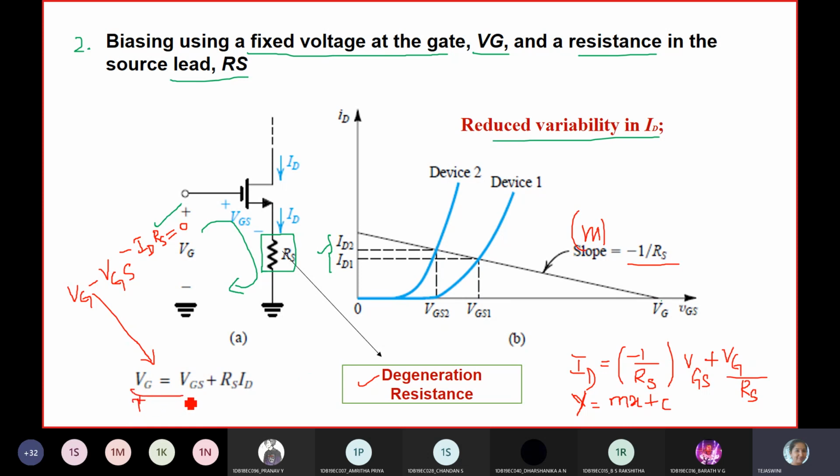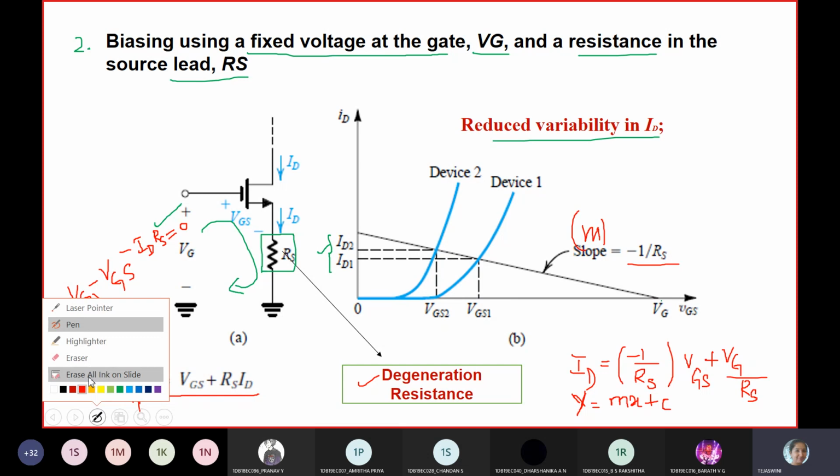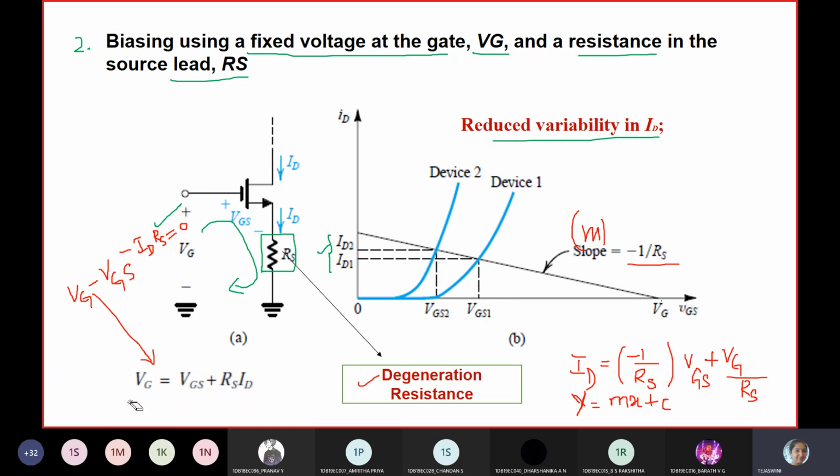So what will happen if VG is greater than VGS? How to find out ID if VG is greater than VGS? ID is determined by VG and RS. Yes or no? VG value is greater than VGS, positive VG minus VGS.